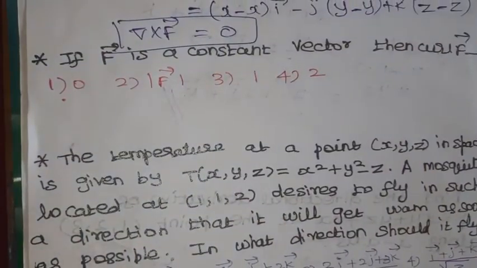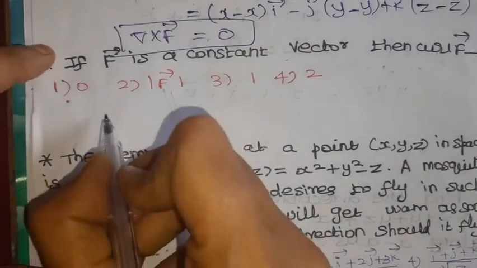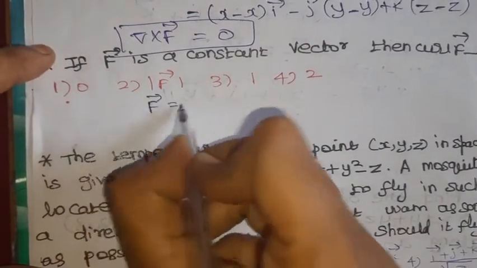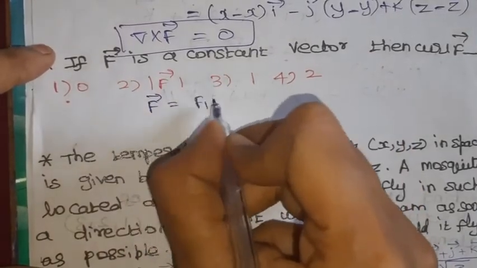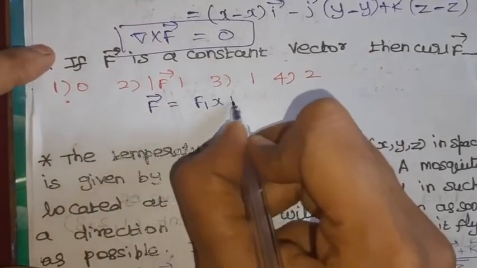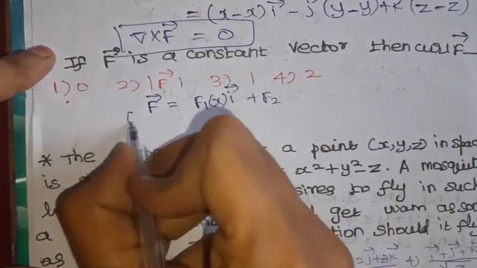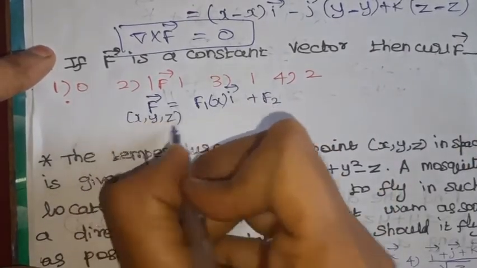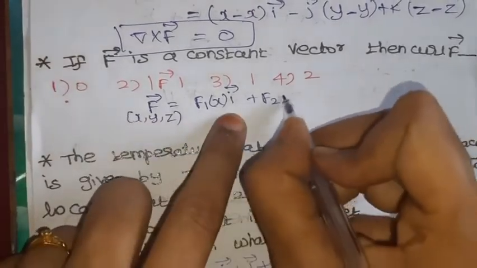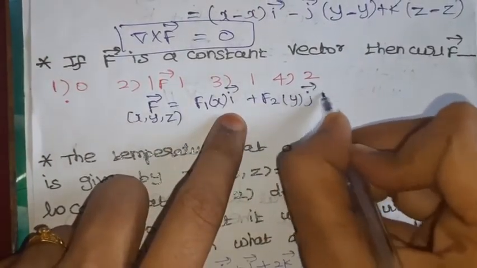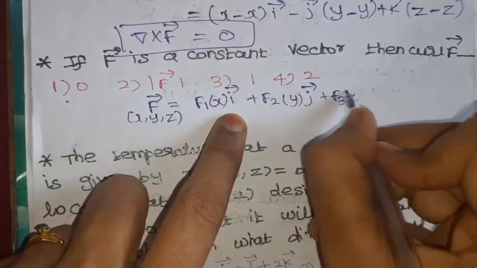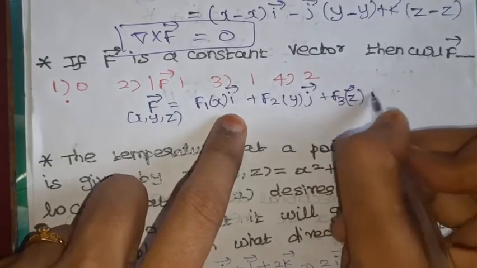Then if f is a constant vector, curl f equals, f is a constant vector means, what is f? If it is a constant vector, what does it mean? f is a function of x, y, z, where f1(x) i plus f2(y) j plus f3(z) k vector.